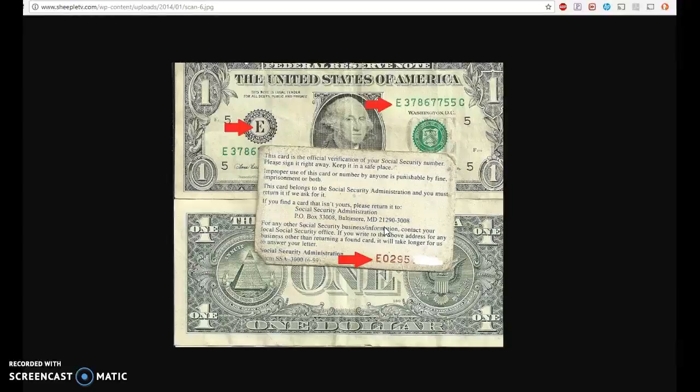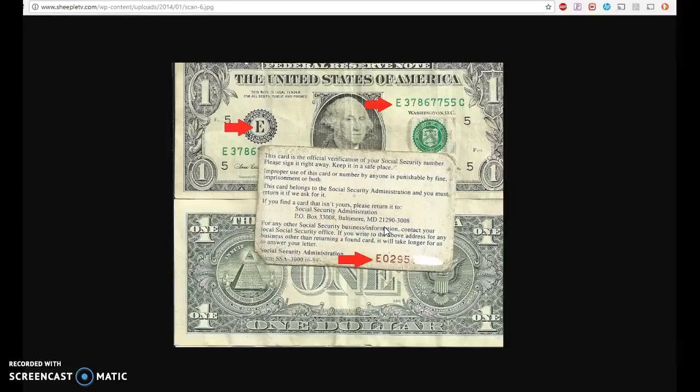Probably another scenario would be if you attempted to commit fraud with it in some manner. Regardless, it is there because it is something that is issued by the Social Security Administration. It is how they keep up with identity. It is also for security for you in many different ways. We will go into that in a whole different video.